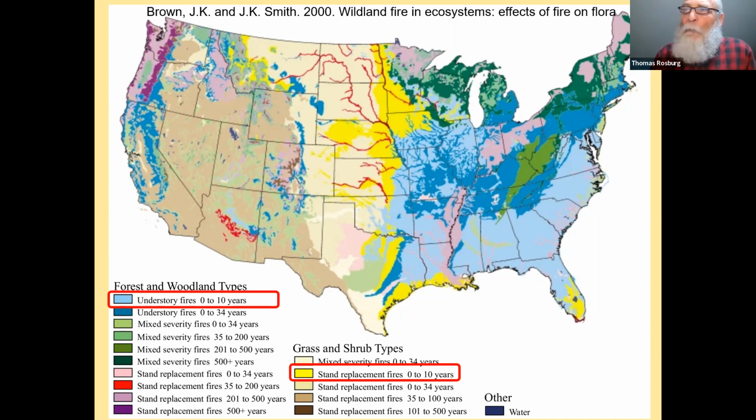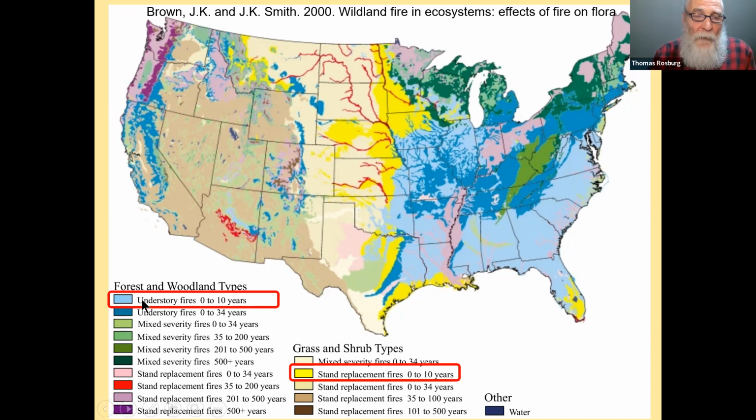And what we mean by stand replacement, of course, means that the entirety of the vegetation, pretty much, actually they use a percentage, they use 80%, but 80% or more of the above ground dominant vegetation is consumed by the fire or dies as a result of the fire. And what that means then is basically the community has to be replaced in its entirety, because it has been consumed.